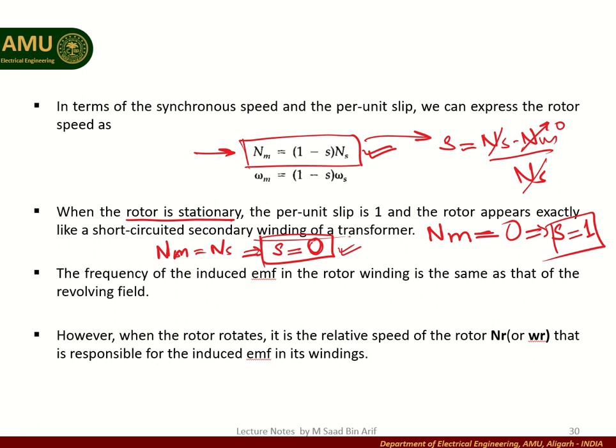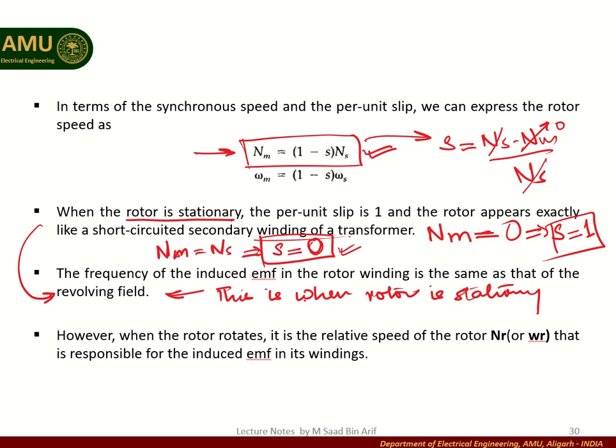The frequency of the induced EMF in the rotor winding is the same as that of the revolving field when the rotor is stationary. When the rotor is stationary, it starts behaving like a transformer.